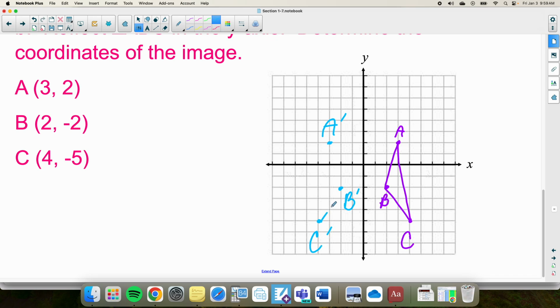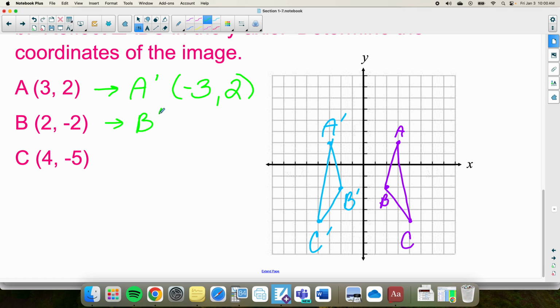And then I would go ahead and connect these. Okay. Does it look like if we folded that it would fold onto itself? Yes. And then if you did it the other way, what that rule said is change the sign on your X. So what you would do is just change the sign on your X, leave the Y as is, okay?